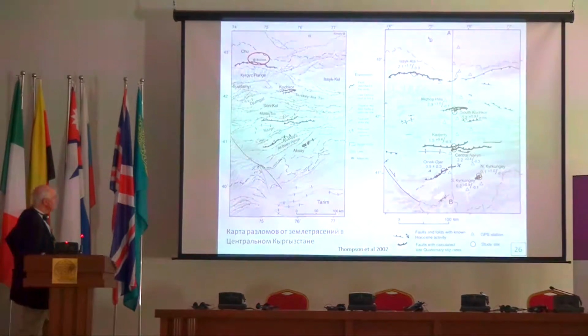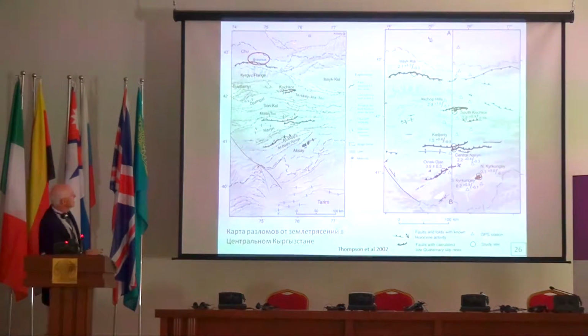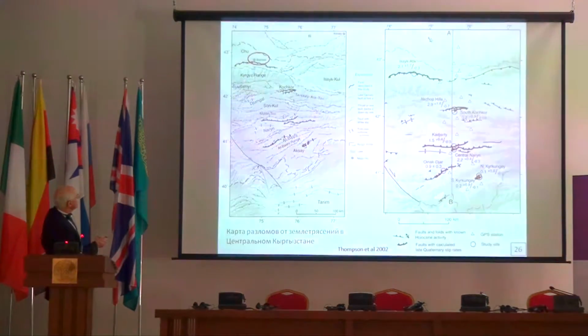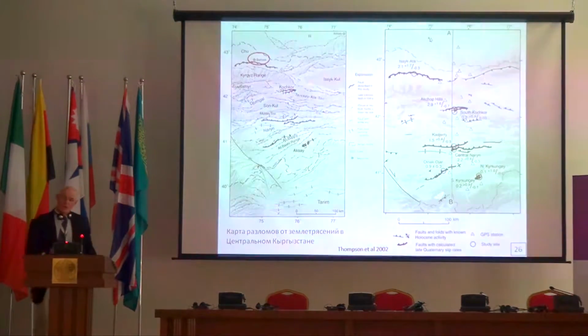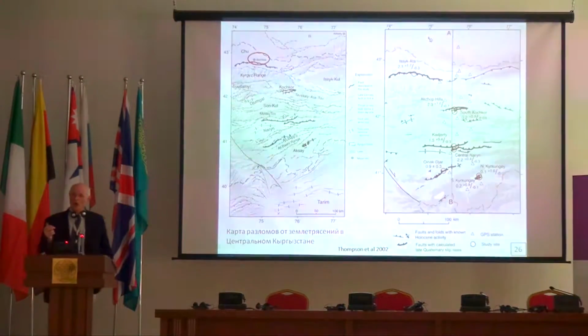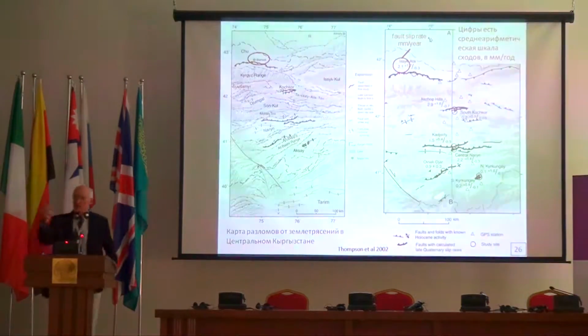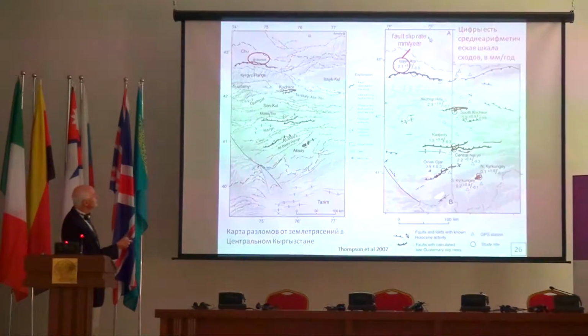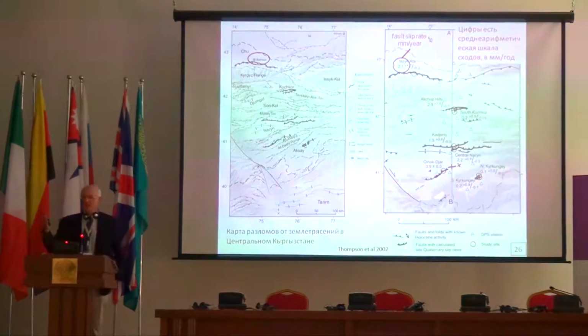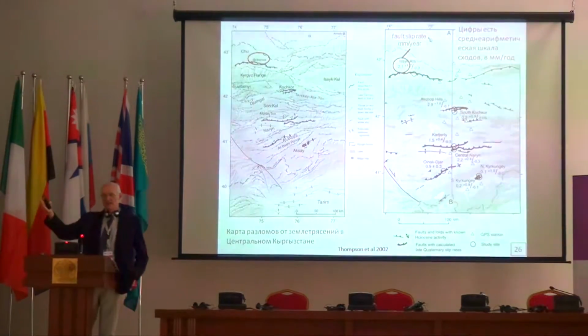This is a more detailed map from other people in Kyrgyzstan. So here is Bishkek. The lines show the major faults and other structures which are capable of making big earthquakes in Kyrgyzstan. The numbers here show the rate at which these faults move over geological time. So here's a number 2, that means 2 millimeters per year on average, right?